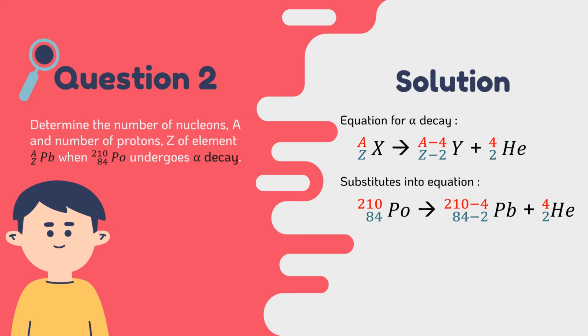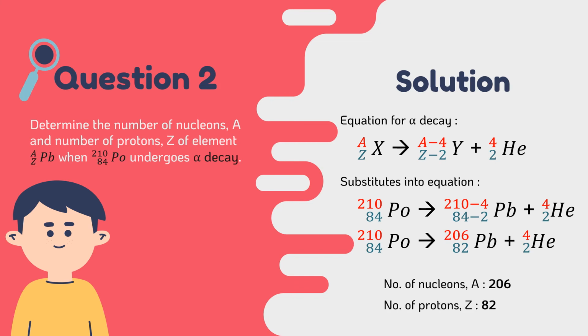We will still be using the simultaneous equation, where 210 minus 4 and 84 minus 2 for lead, and we can finally obtain the number of nucleons for lead and the number of protons for lead. So polonium-210 will decay into lead-206 plus helium-4. Therefore, the number of nucleons A is equal to 206 and the number of protons Z is equal to 82.